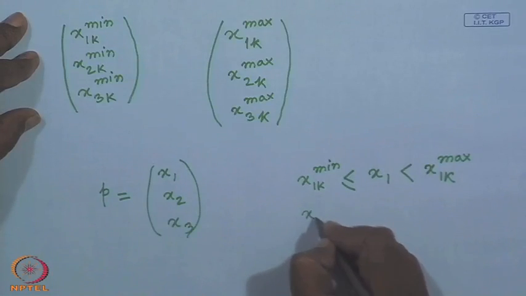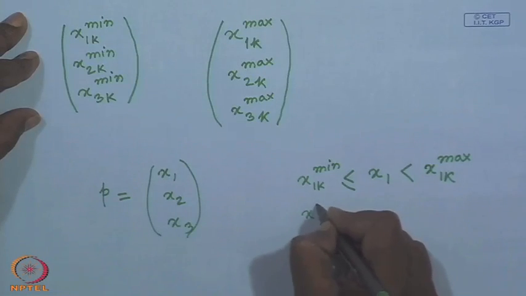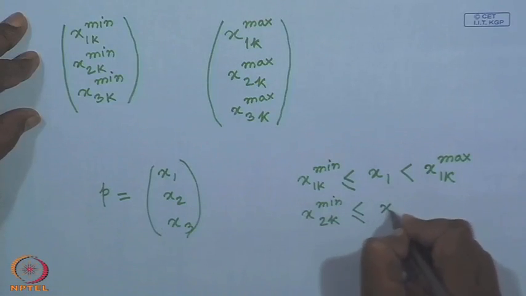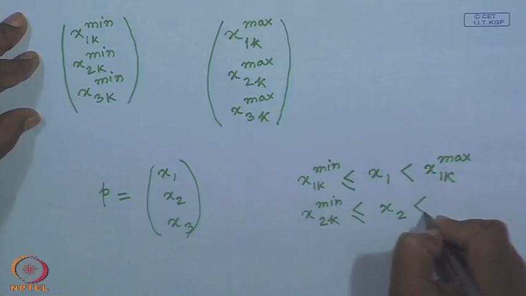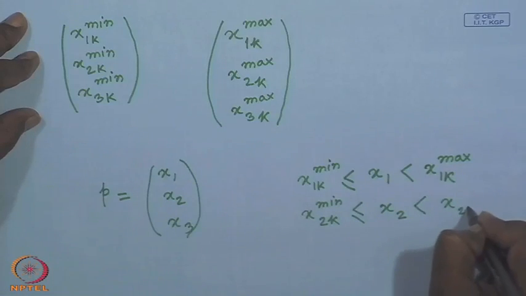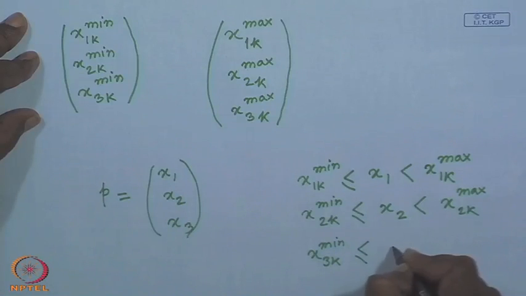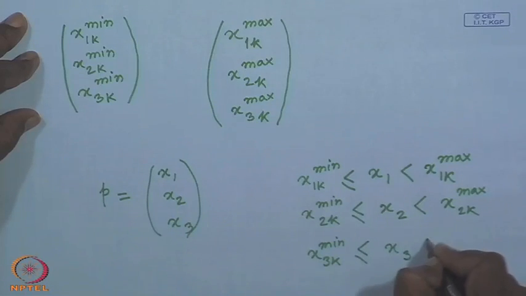Similarly, x2k min must be less than or equal to x2, which is less than x2k max, and x3k min must be less than or equal to x3, which must be less than x3k max.